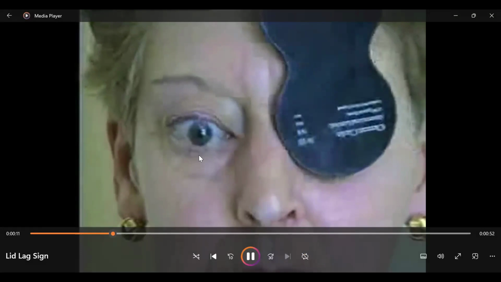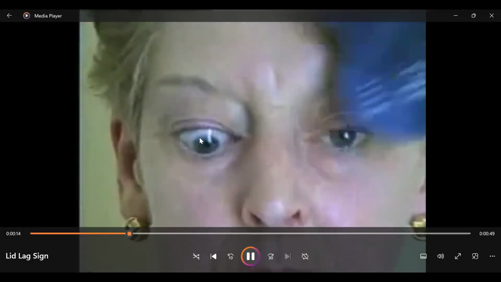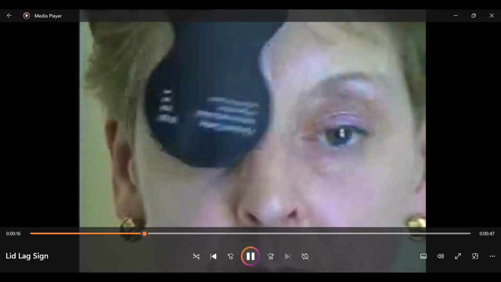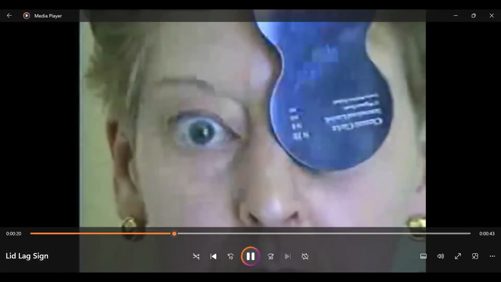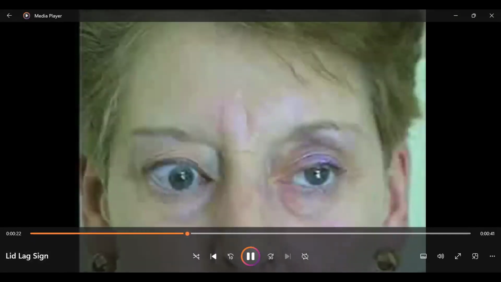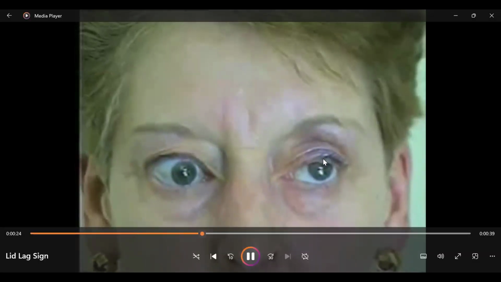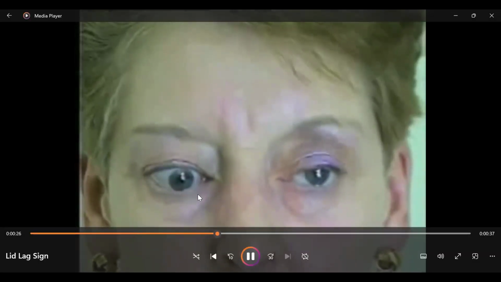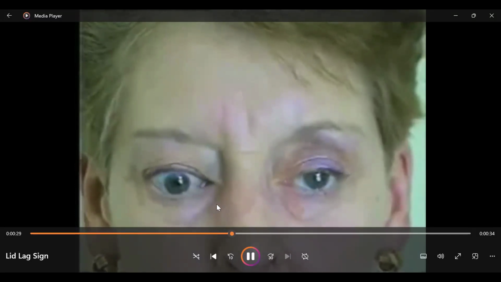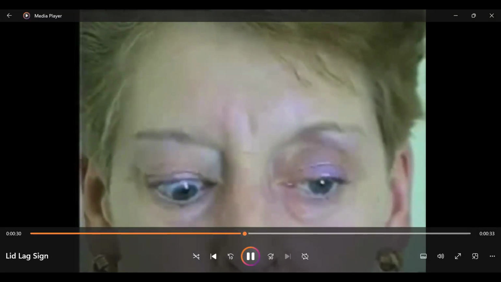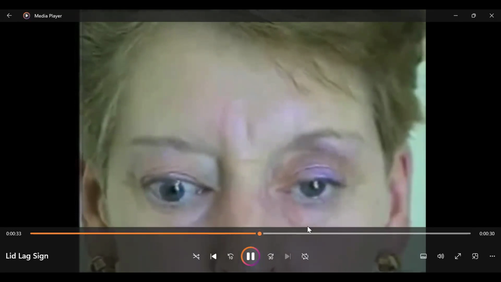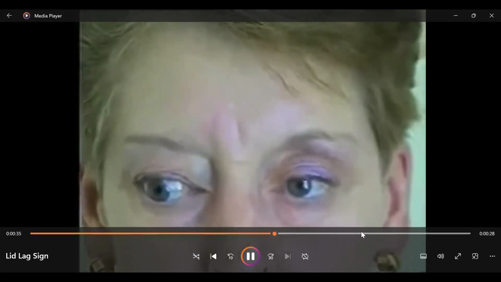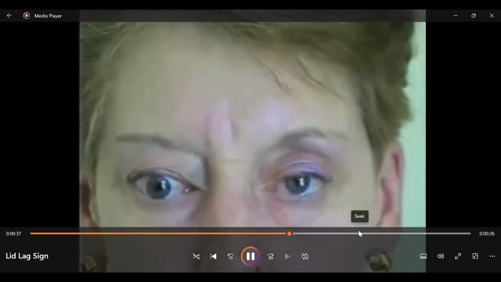You see, she's looking down. There is a large rim of sclera between the upper limbus of the cornea and the upper eyelid, while the other eye is covered by the upper eyelid, like in all of us, right? And here, you see, when she's trying to look up and lateral, there is discrepancy between the optic axes of both eyes. The same occurs when she's looking down and lateral, okay?